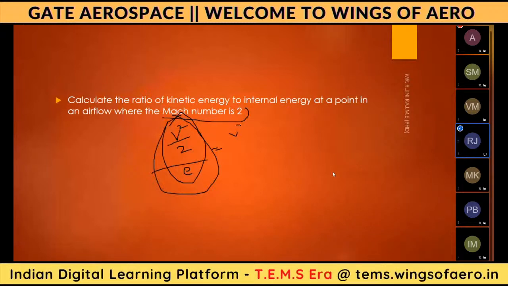So V squared by 2 divided by internal energy.